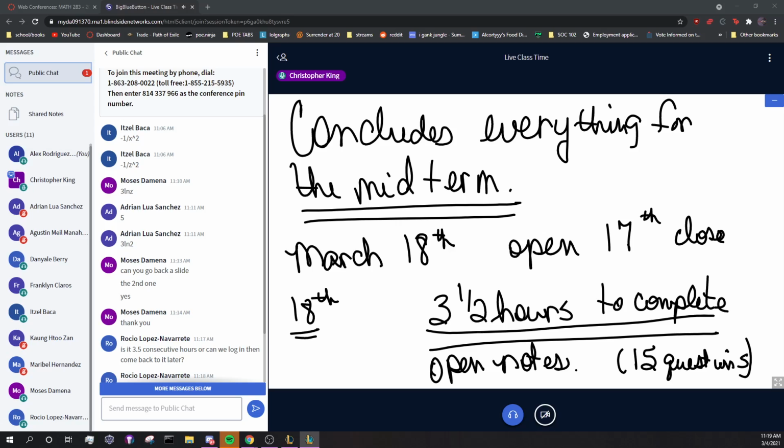Okay, so basically what we'll do is we'll finish up the material for dealing with differentiation, and then we'll move into integration. So that means that the final will be very, very heavy on integration.